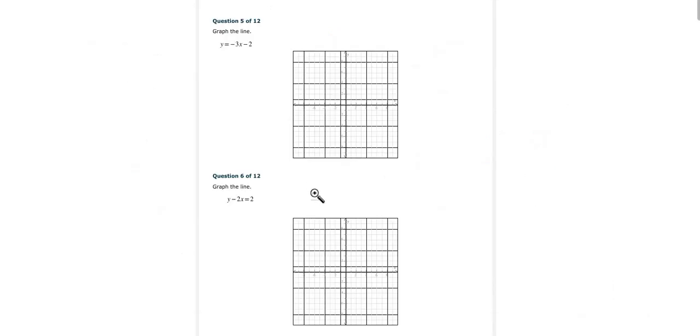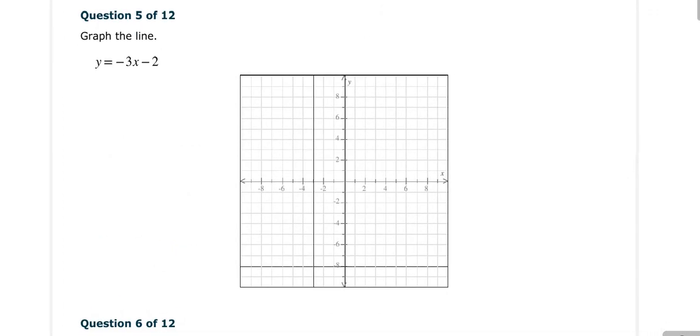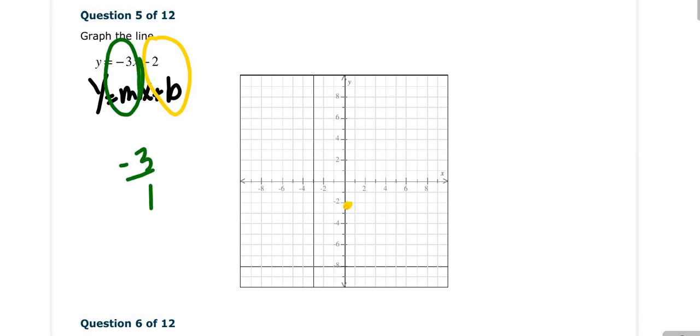Question number 5. Graph the line. This is y equals mx plus b. Our b here is -2. Our slope is -3/1.